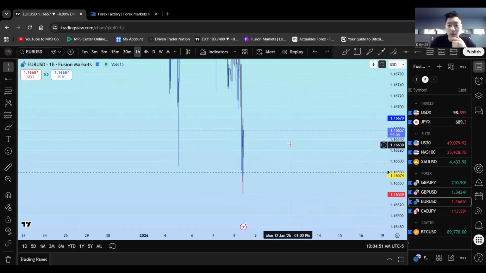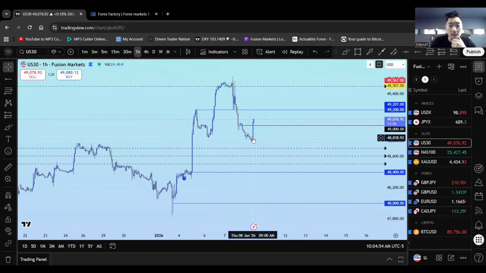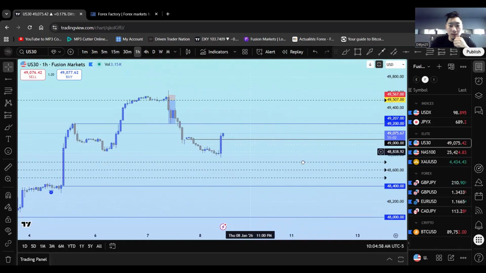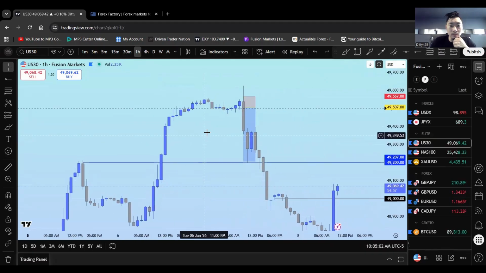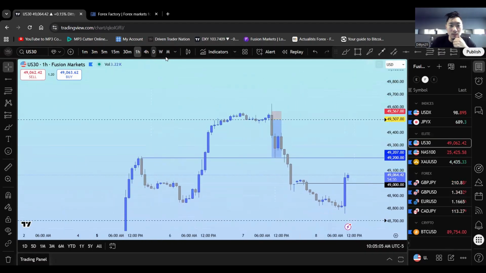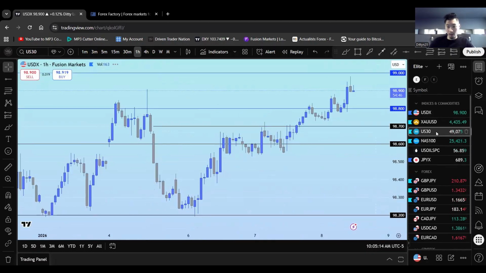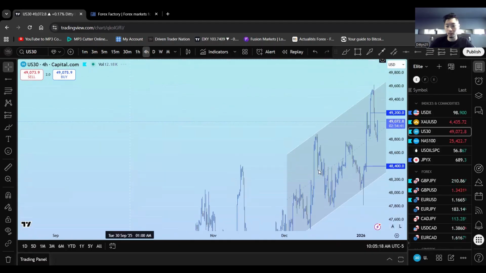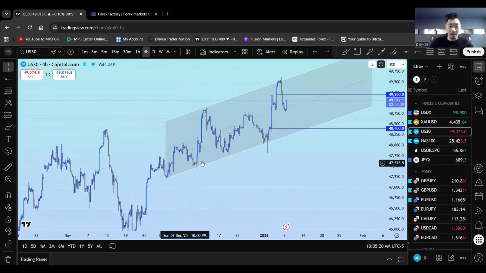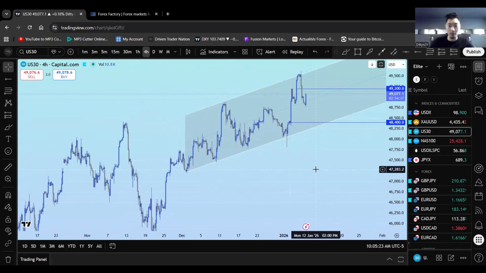So I took a trade yesterday on US30 just to make a breakdown on it. So if you look at US30, we are currently in that bullish channel, right?